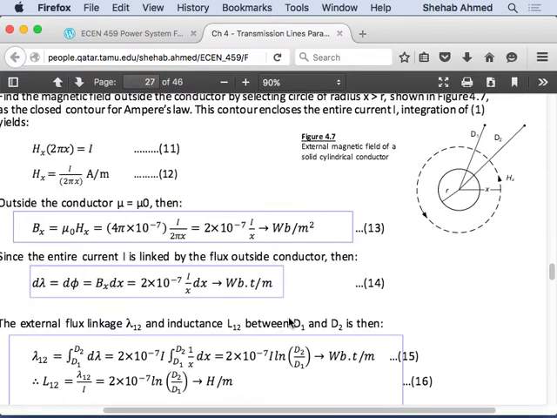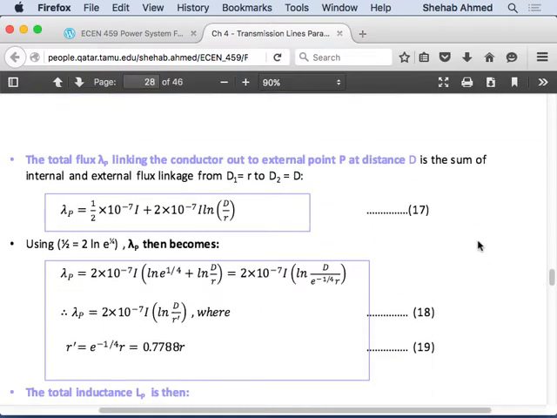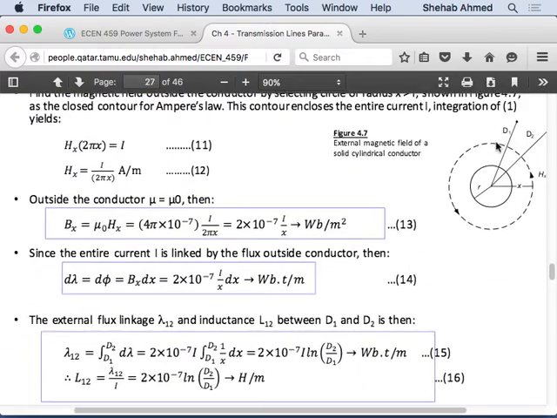This equation here, lambda 1,2: the flux linkage between points 1 and 2 in space around the conductor is equal to 2 times 10 to the minus 7 I natural log d2 over d1, right? Again, this is the external.